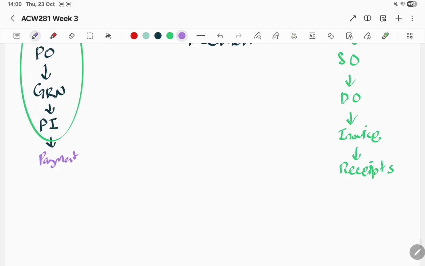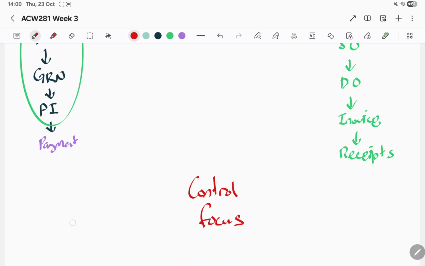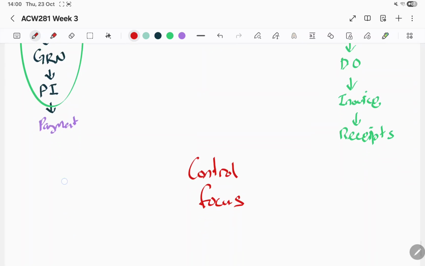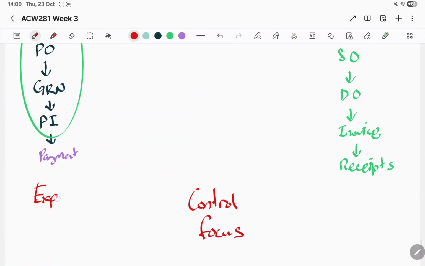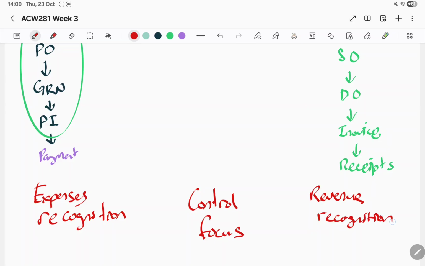And over here's the interesting bit, the control focus. Over here, number one, of course, just now what I highlight to you is the expenses recognition, over here is the revenue recognition.